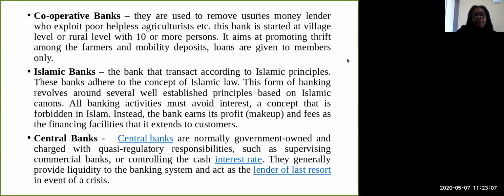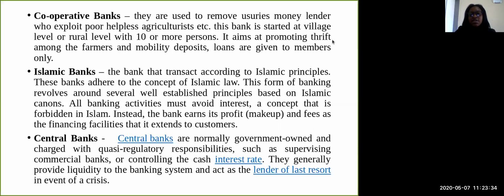The next type of bank we have is the Islamic banks. Now, these banks transact according to some Islamic principles that they follow. These banks adhere to the concept of Islamic law. So this form of banking revolves around several well-established principles based on Islamic canons.